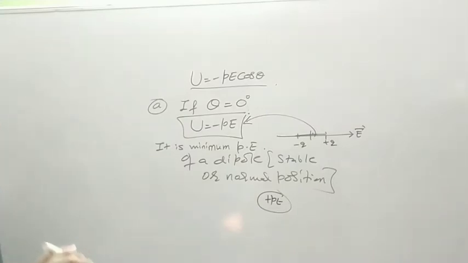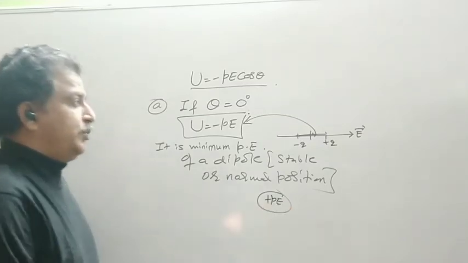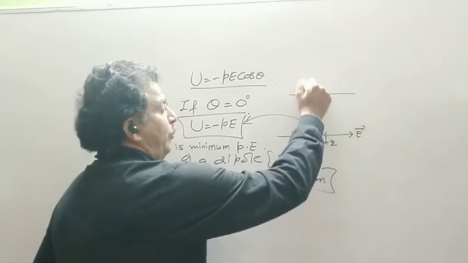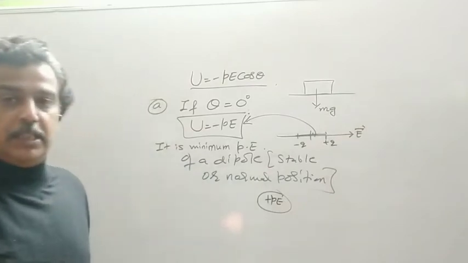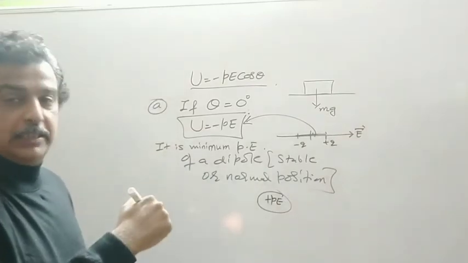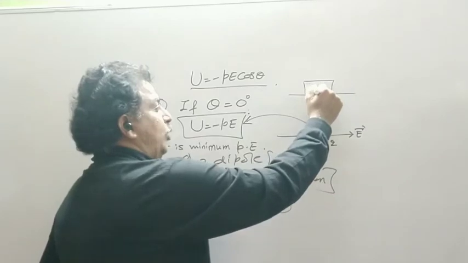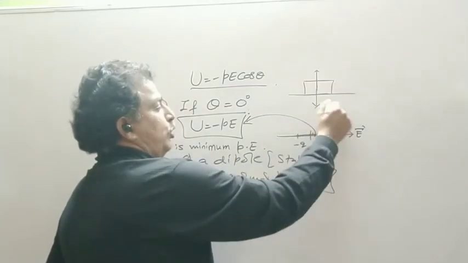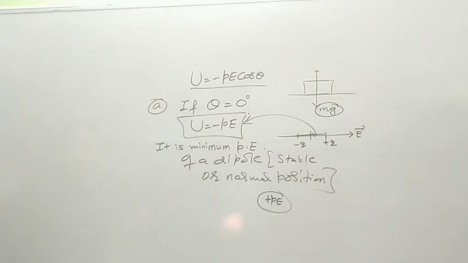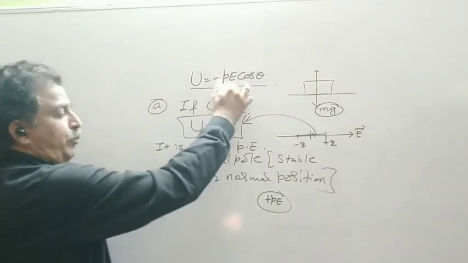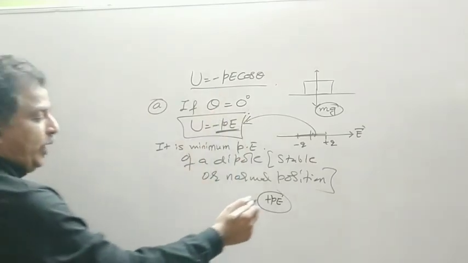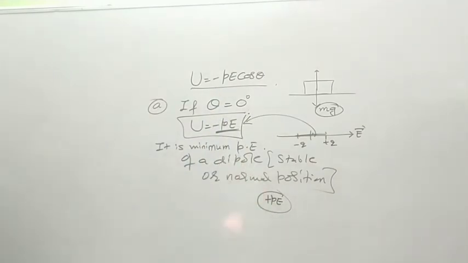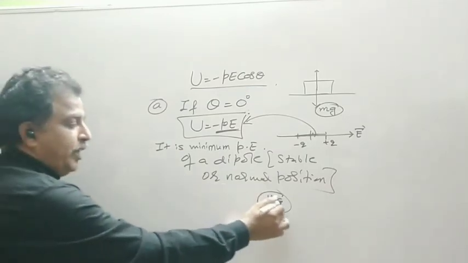If I say rotate it from 0 degree, the minimum energy requirement is plus PE, similar to a block placed on the ground that has a gravitational force mg. If I say lift this box from the ground, then I have to at least apply this much force in the upward direction. Similarly, a dipole possesses this much potential energy, and the minimum energy required to rotate it should be against this field, and it should be plus PE.